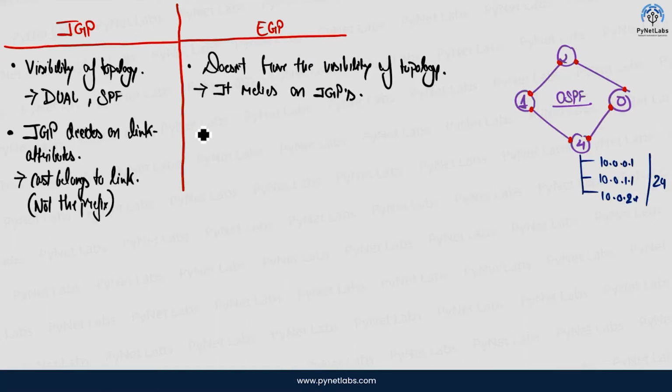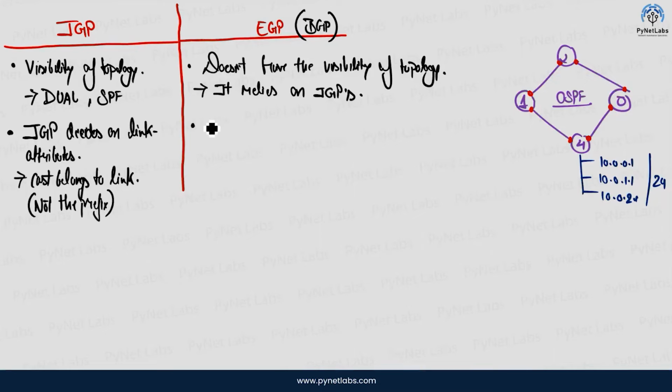But talking about BGP, I'll simply write BGP here because all these points signify BGP only. BGP decides on prefix vector attributes, because BGP is actually a path vector protocol. We'll let you know that later on.